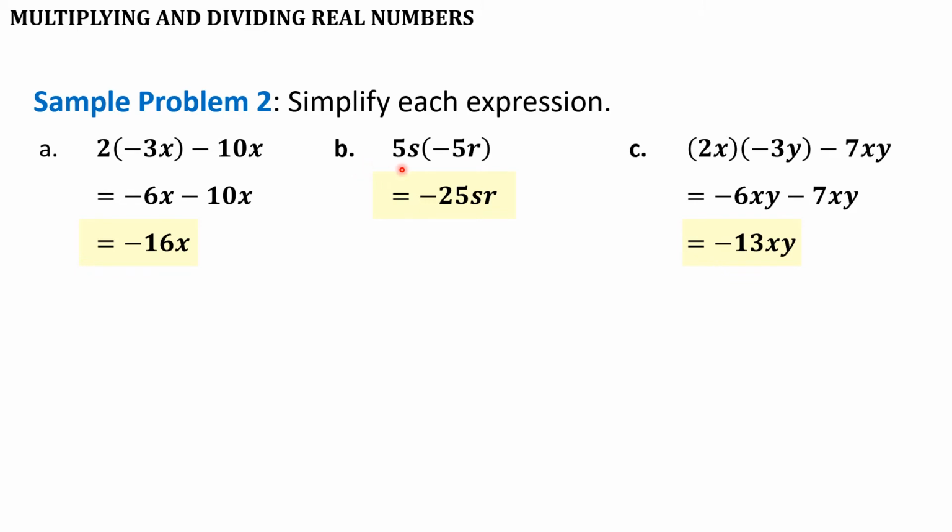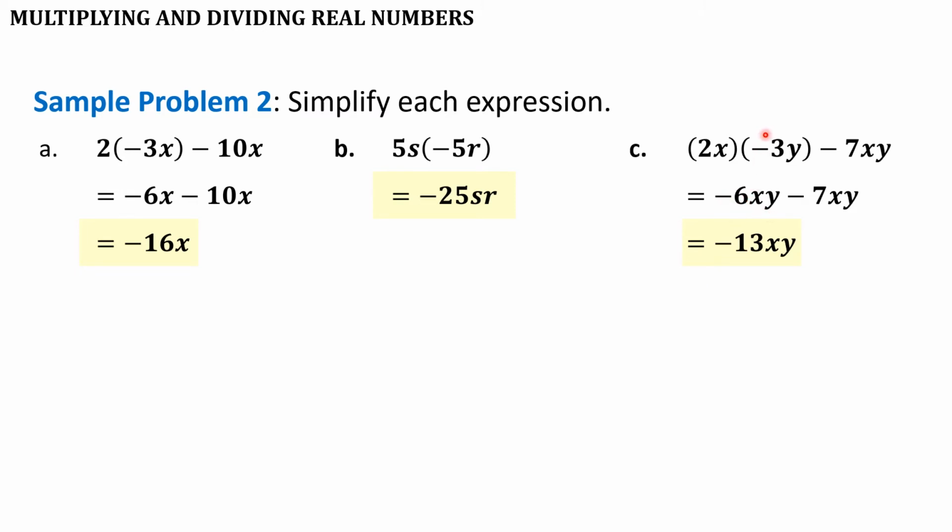In number B, all I did again was multiply 5s multiplied by negative 5r, and that is going to be 25sr. Because one of them is a positive and the other one is a negative, my product is going to be a negative. And again, I did this exact same thing here. 2x multiplied by negative 3y is going to be a negative 6xy.